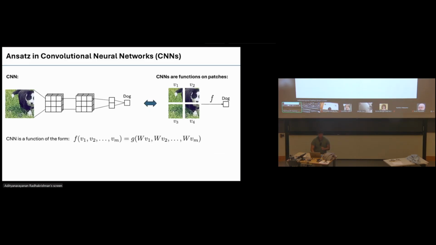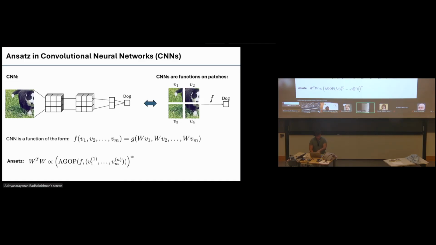And so what I can do is I can actually write convolutional nets as a function of the form f on m patches from an image, and I'm really multiplying each patch by a weight matrix. And so the ansatz, what it says here, is that this shared weight matrix across patches is proportional to the gradient outer product of f with respect to the patch level information. So the gradients instead of inputs are with respect to patches.